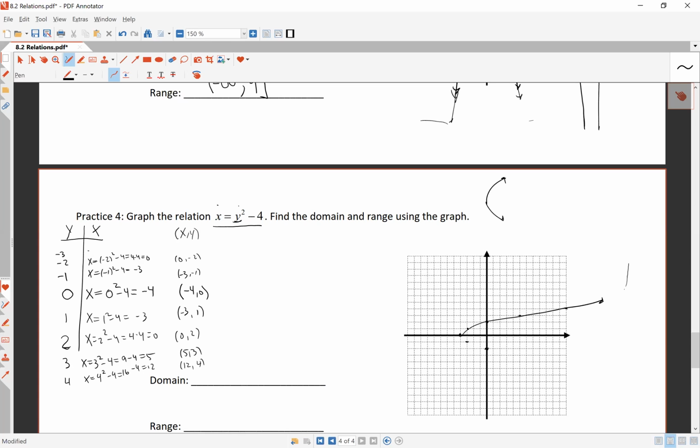Negative 3 squared is 9 minus 4, which is 5. We have 5, negative 3. And negative 4 squared is 16 minus 4, which gives us 12. And 12, negative 4. So now we have the bottom portion of this parabola.